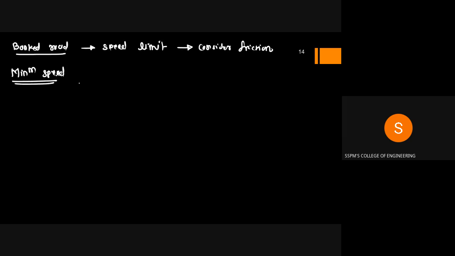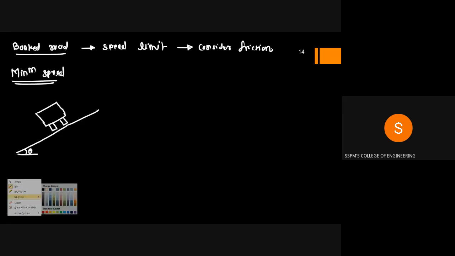For the minimum speed, the static friction will act in the upward direction, because there is a possibility that the vehicle will slip down the plane at the minimum speed.